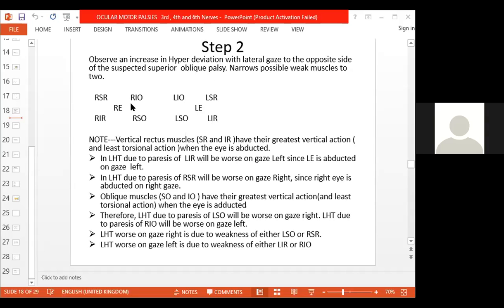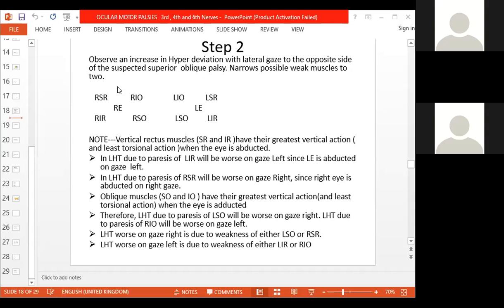So it's a set. Now, if there is a paresis, it means that set, that eye can't move. Like looking to the left, if any of these is paralyzed, this eye won't move. It won't look to the left properly. But here, these are not paralyzed, so they will look.